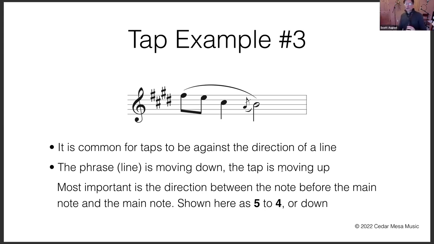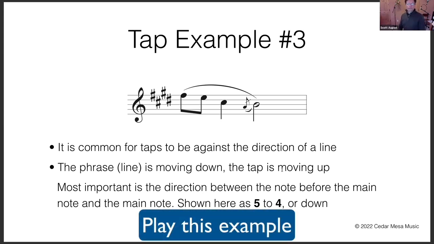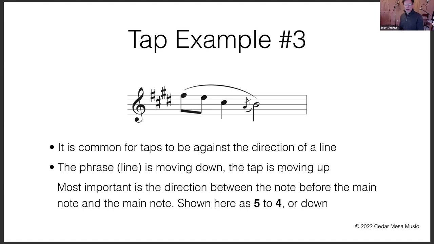All right, why don't you try that? And as always, it's a good idea to play the line without the embellishment first, just to get it in your fingers. So you know where you're going, so therefore when you add to it, you already know what's going on, okay? And your ear is recognizing it.